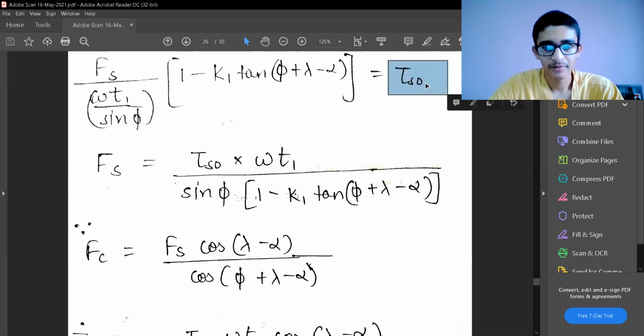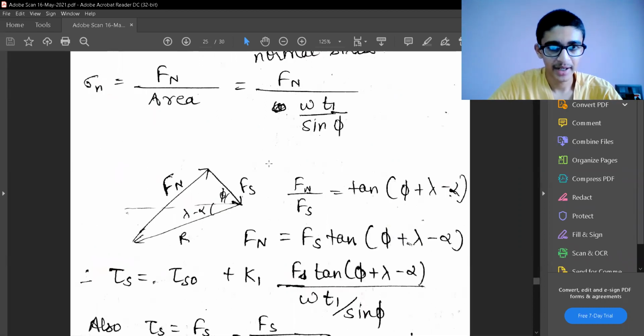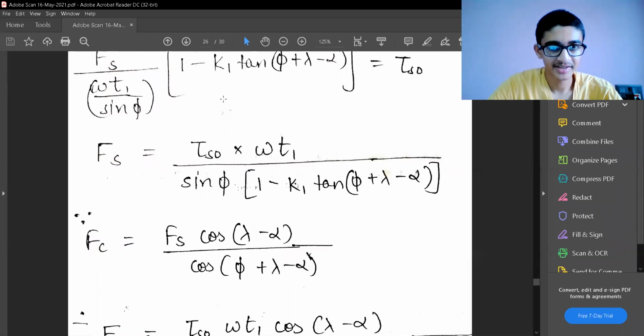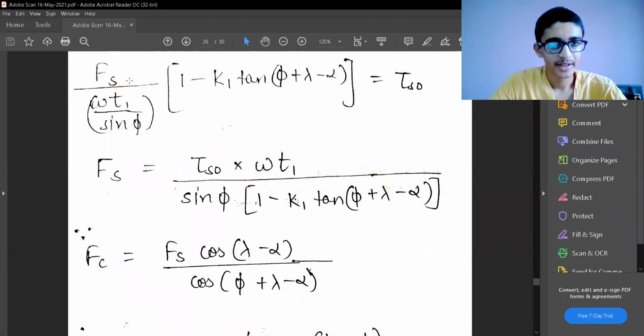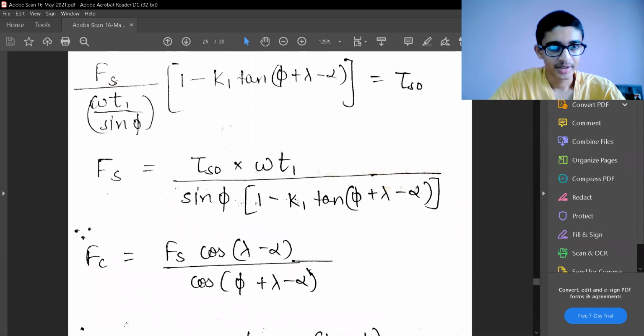So this is the actual value of tau S0, the shear strength, the material property value we have known. That will have tau S0 minus k into sigma n. That minus is coming over here, that is the subtraction, and this Fs upon W t1 by sine phi area has been taken into the factorization. So I have just found the value of Fs from this.